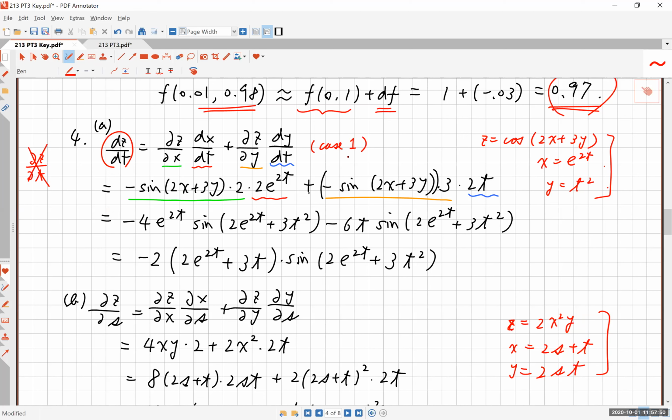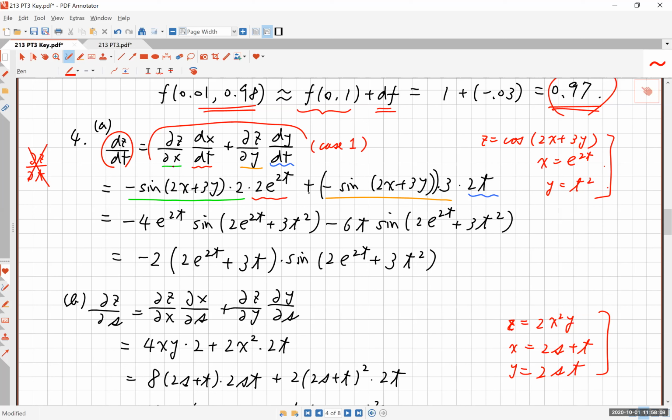We have many chain rules now, infinitely many in case you didn't know. But anyway, case number 1. And so you write down that appropriate chain rule. I highly recommend you actually do write this thing down, right? And then just plug in the partials.